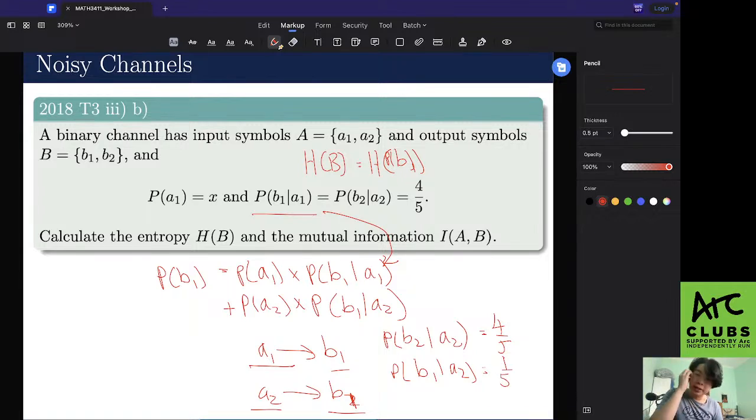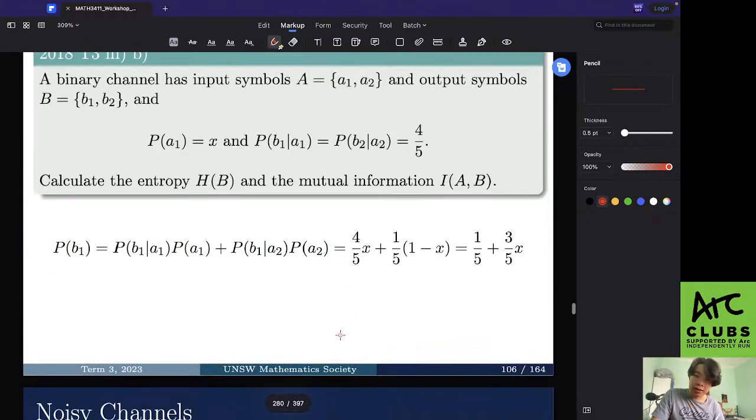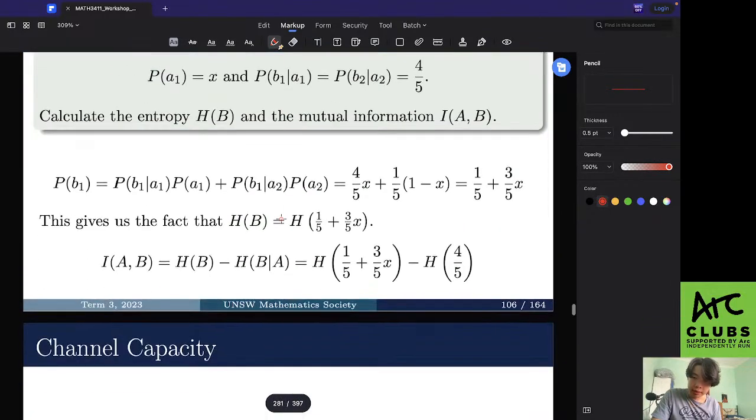So the probability we get a B1, given we sent out an A2, is 1 on 5. And using this, we can calculate our probability, which is going to be 1 on 5 plus 3 on 5 times x. And using this, we can actually find H of B, which is just H of our probability.